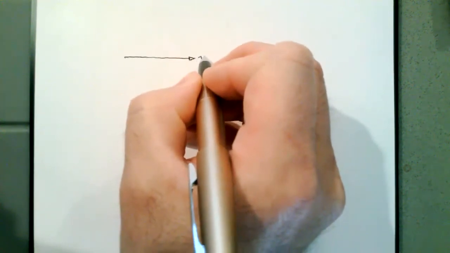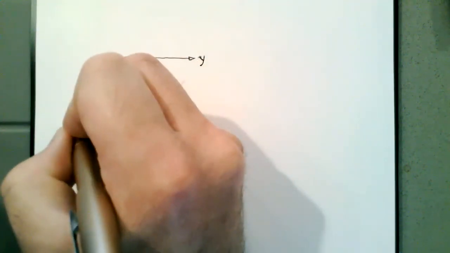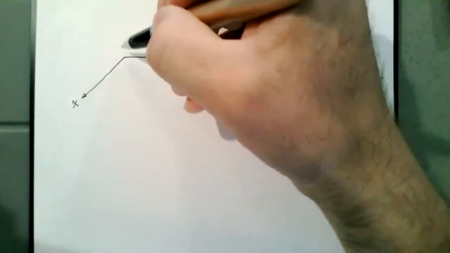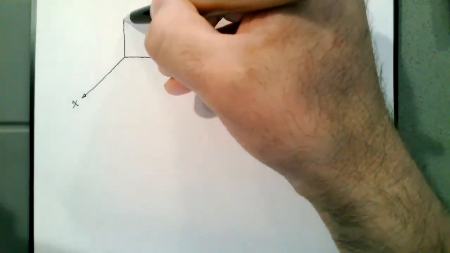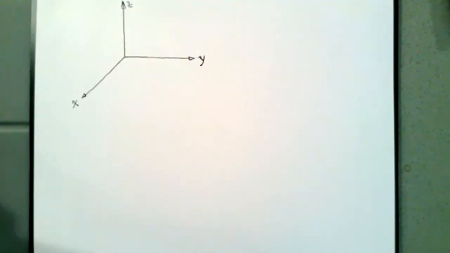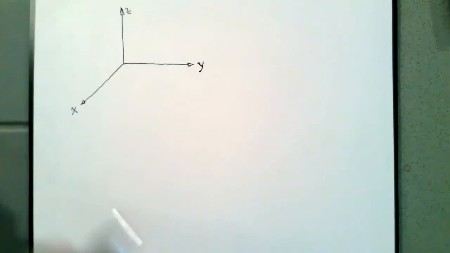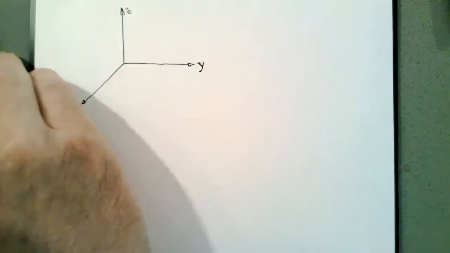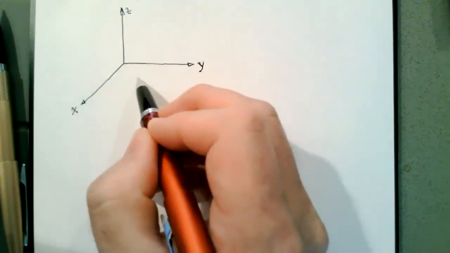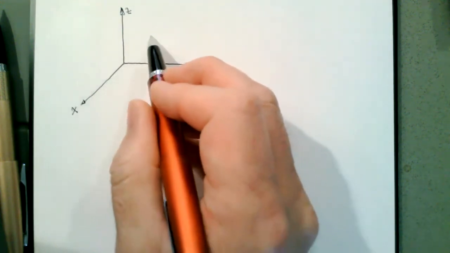I guess traditionally, left and right is the y, and then x is forward and backwards because it comes out of the paper. So above a point, x naught, y naught, and z naught.